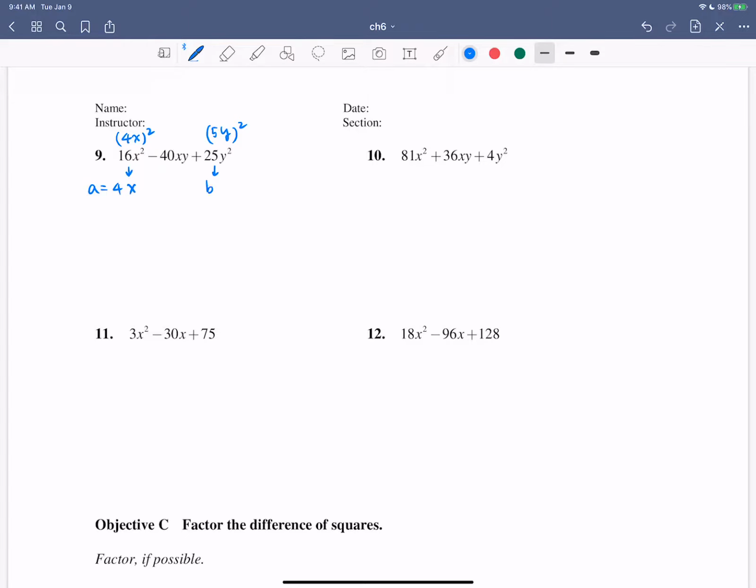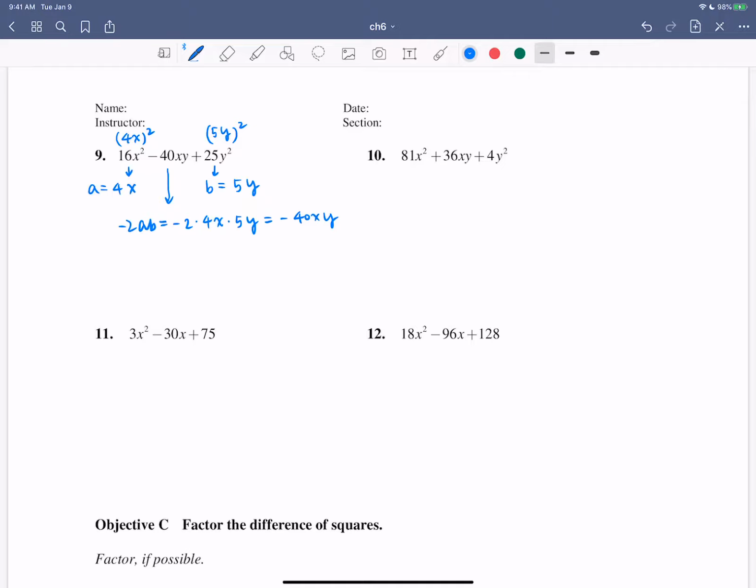So our potential b is 5y. Then we will check the middle term. Since it's negative, we're looking at negative 2ab equals negative 2 times 4x times 5y. Let's calculate. Negative 2 times 4, negative 8 times 5, negative 40. So we have negative 40xy.